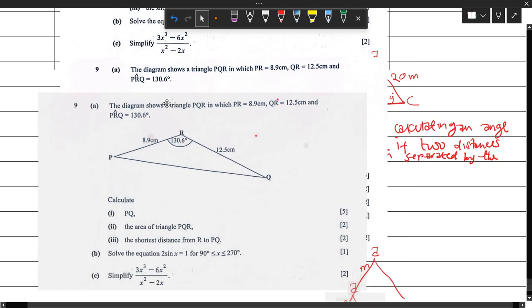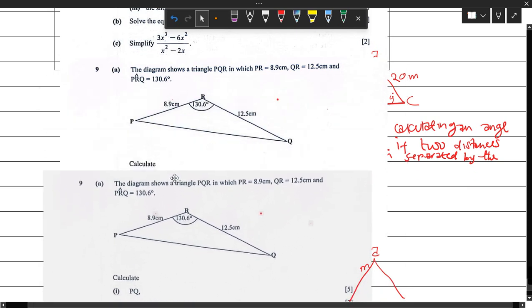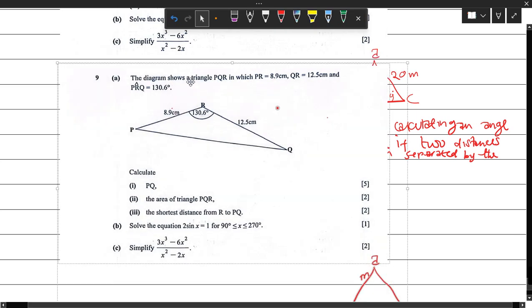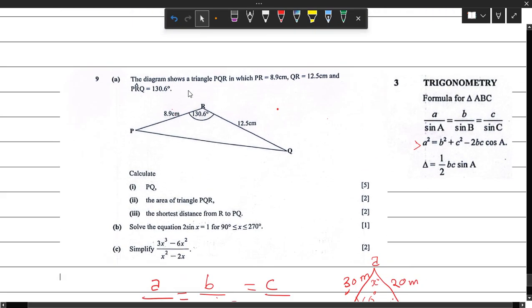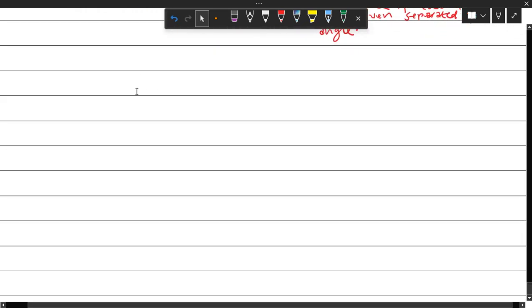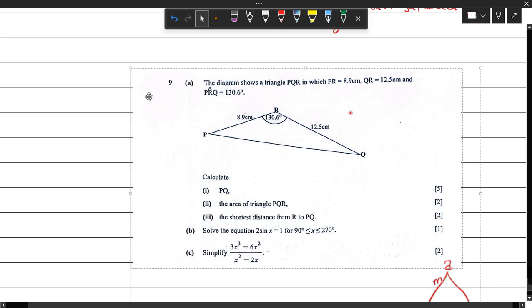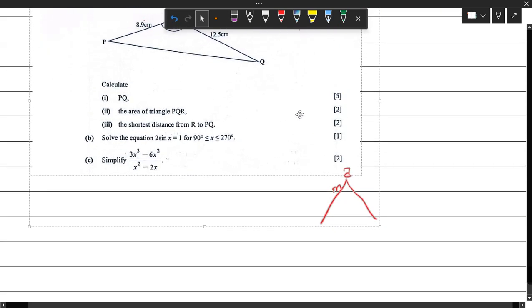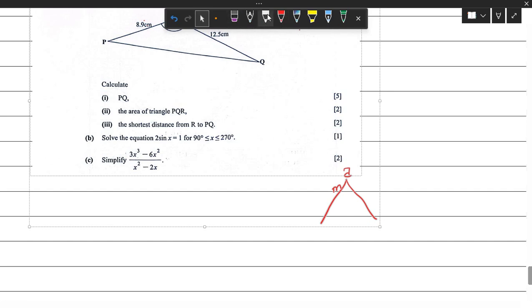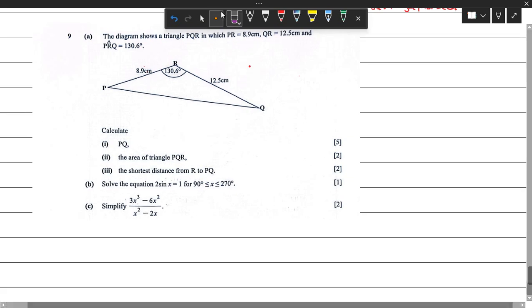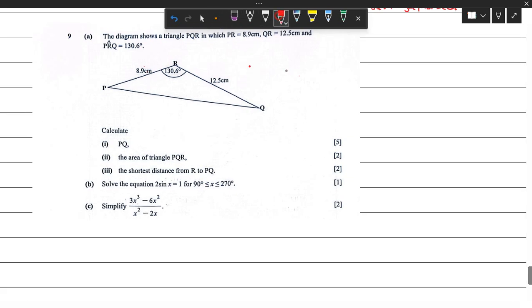Let me put it here nicely. Oh, pasted it twice. Let me see. Okay, paste it here. So we have this diagram here. Just move this one.